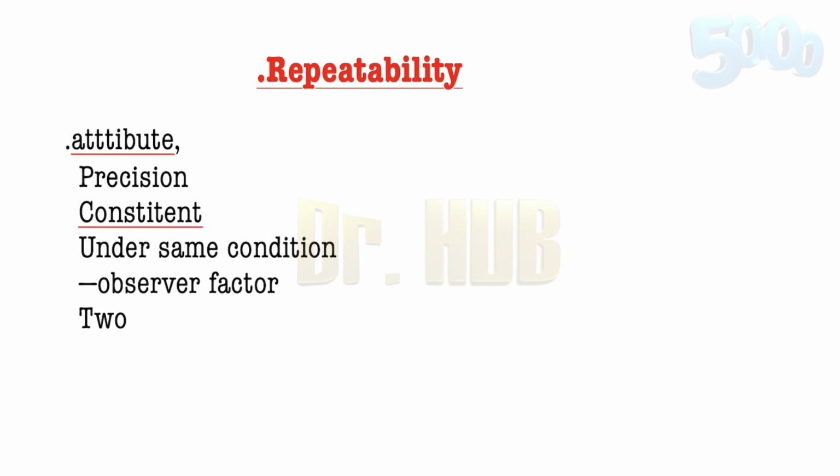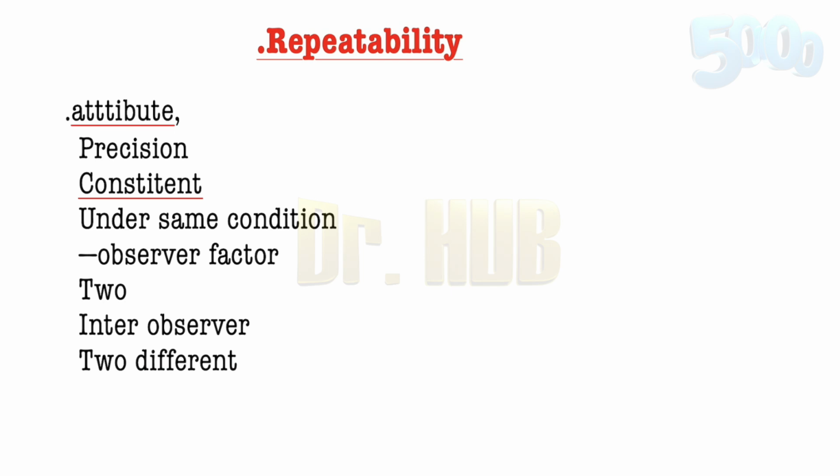Next is the inter-observer variation. Variation between observers is when two different observers obtain different results on the same subject or material. Inter means two different observers are used on the same subject.